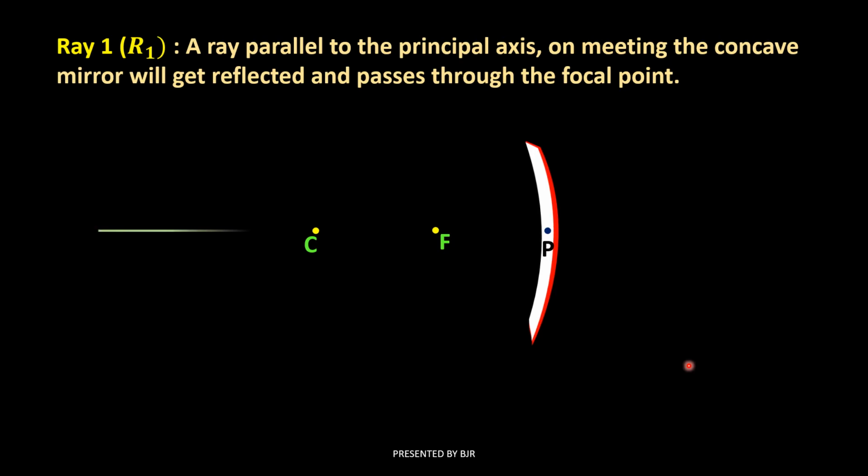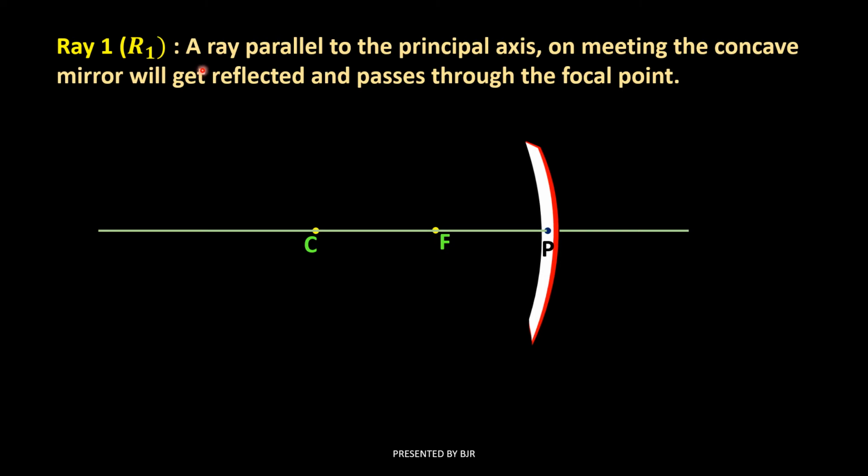Now this is the principal axis. Here I am using this ray: any ray traveling parallel to the principal axis falling on the mirror gets reflected, and the reflected ray will pass through the focal point like this.